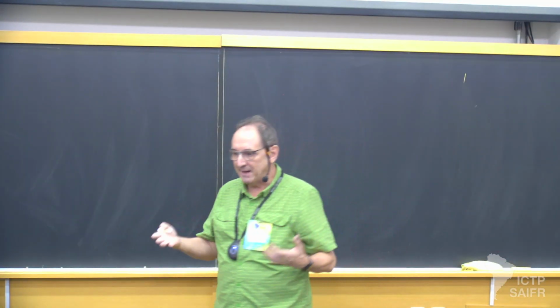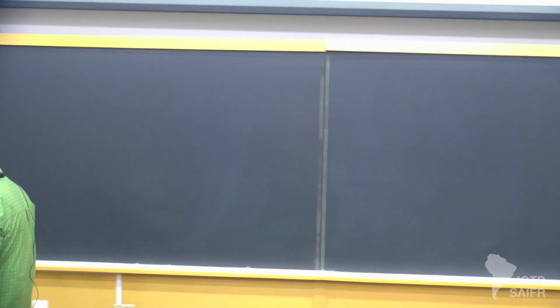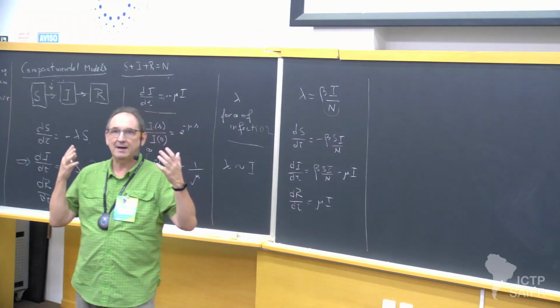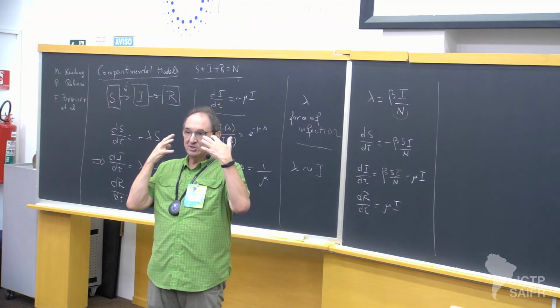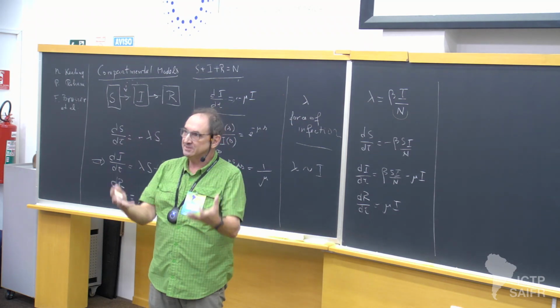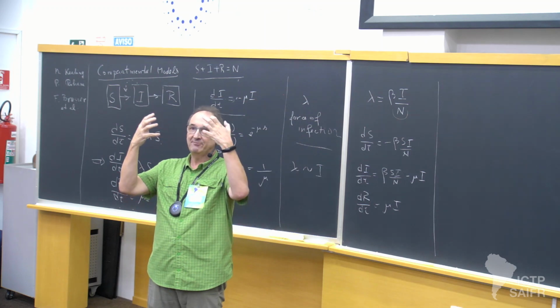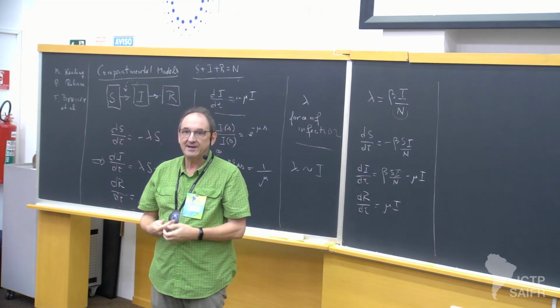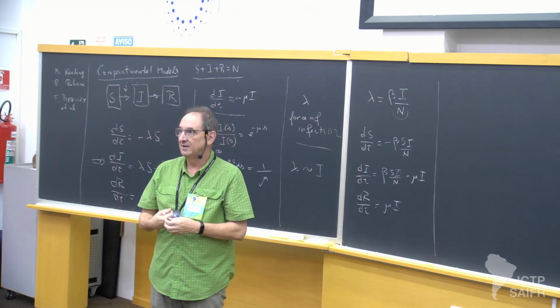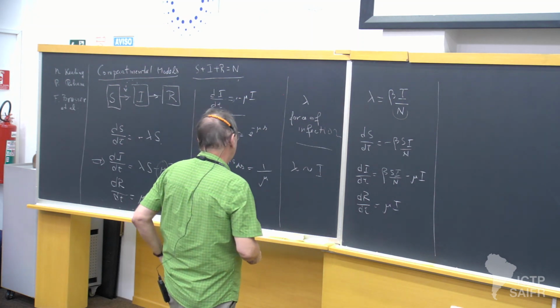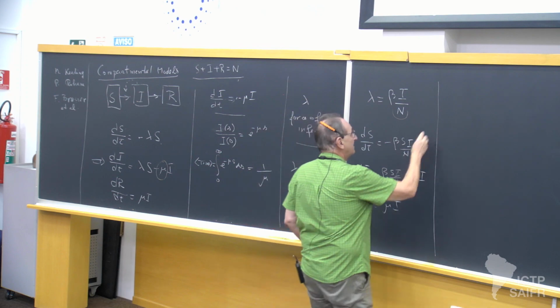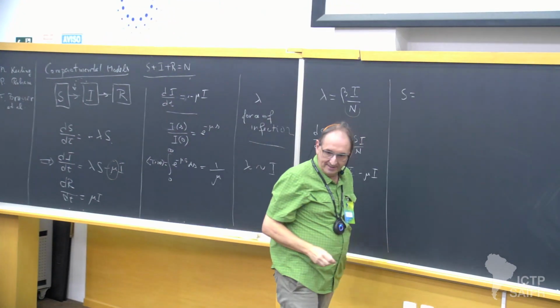Therefore, you don't expect that the equations that describe your epidemic model should depend on anything other than the fractions of susceptibles, infectives and recovered.